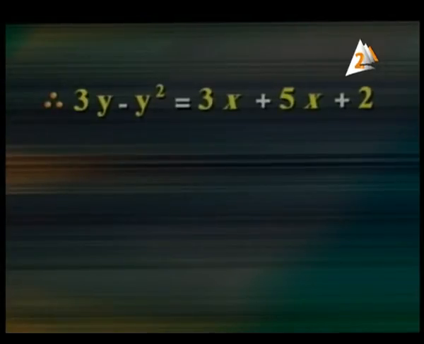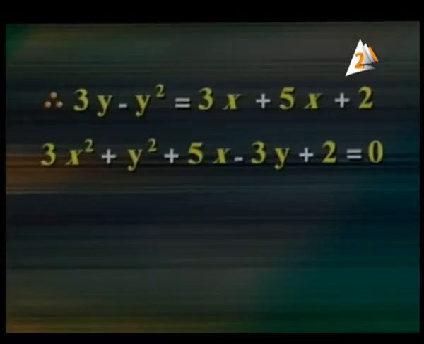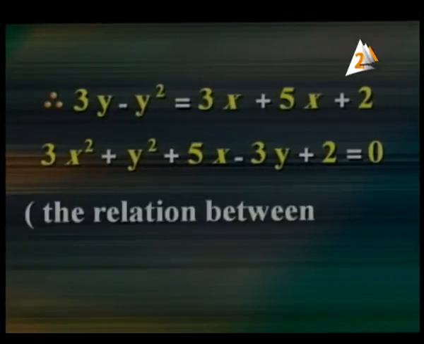What is the relation between y and x? We find the left hand side equals the right hand side equals 0: 3x squared minus y squared plus 5x minus 3y plus 2 equals 0. Dear student, we have the relation between x and y.